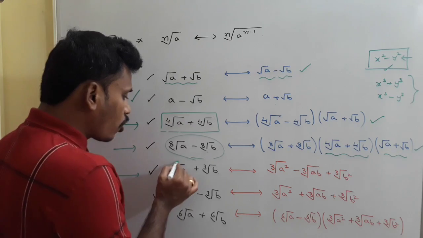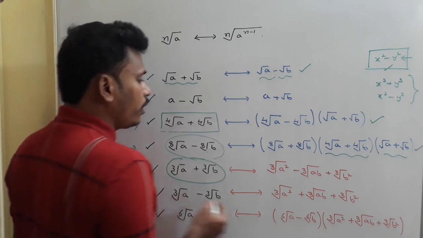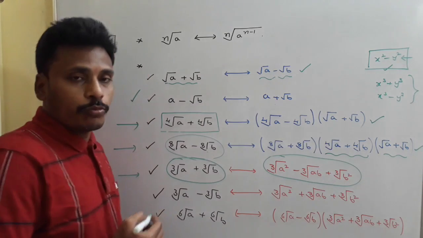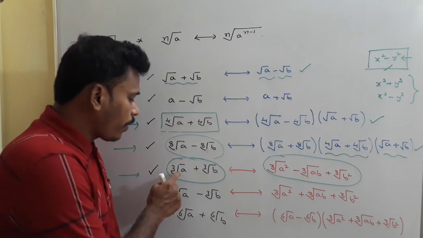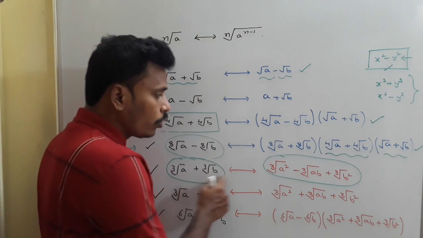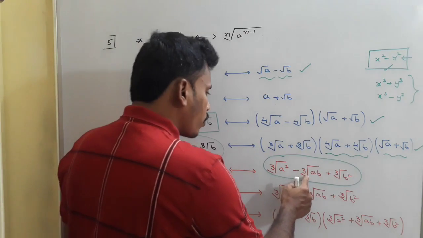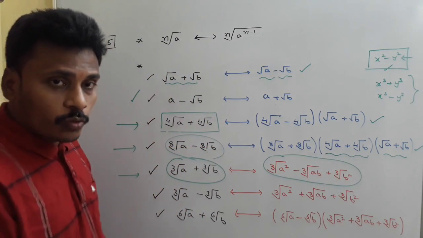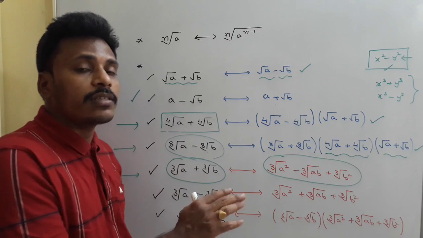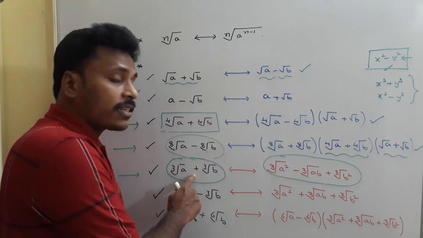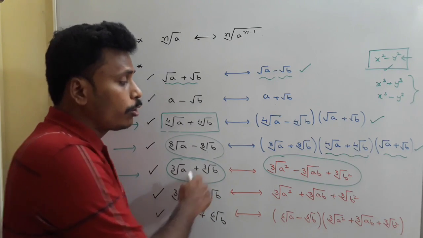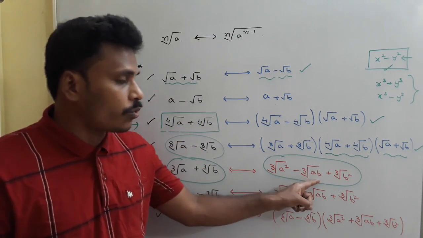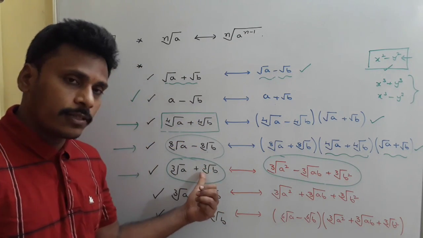So, this cube root a plus cube root b into cube root a square minus cube root ab plus cube root b square is of the format (x plus y) into (x square minus xy plus y square). So if you multiply these two, your answer is x cube plus y cube, and so a plus b is a rational number. So the rationalizing factor for this cube root a plus cube root b is that, and for that cube root a square minus cube root ab plus cube root b square, its rationalizing factor is this.